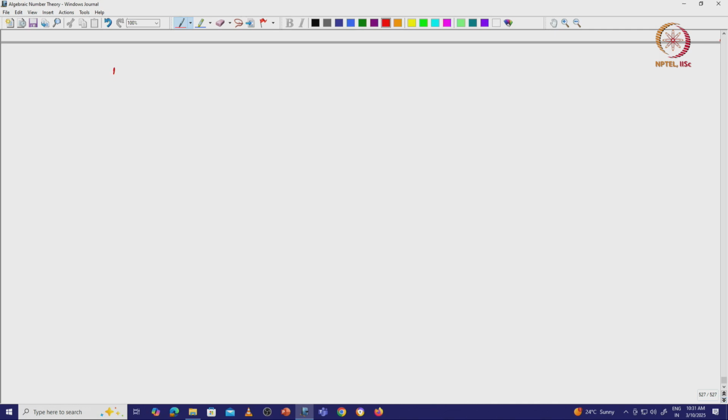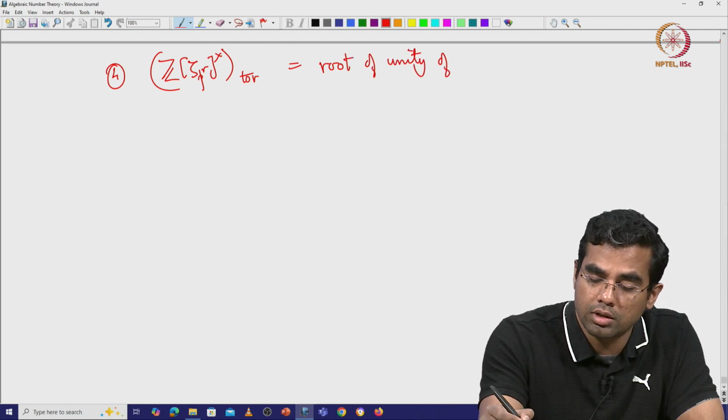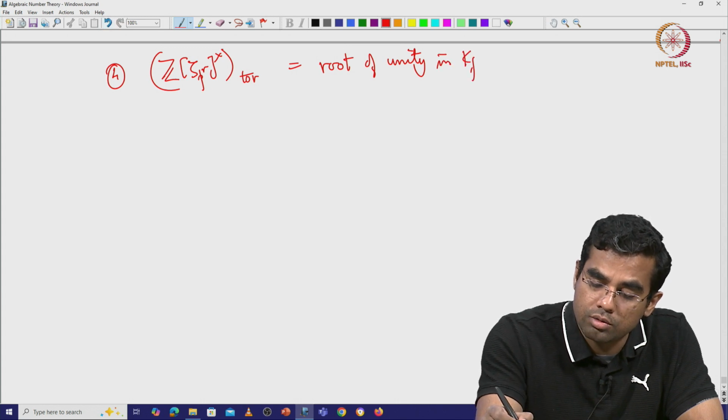So, what are the units in Z[zeta_{p^r}]? Well, let us not talk about units for a moment, let us talk about the roots of unity, the torsion part, roots of unity in K_{p^r}.